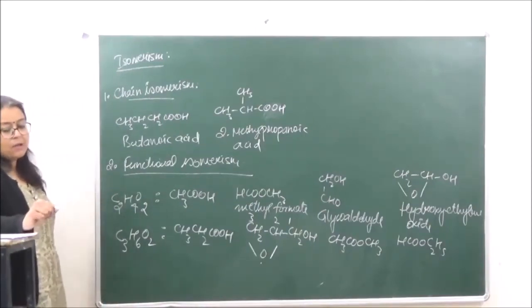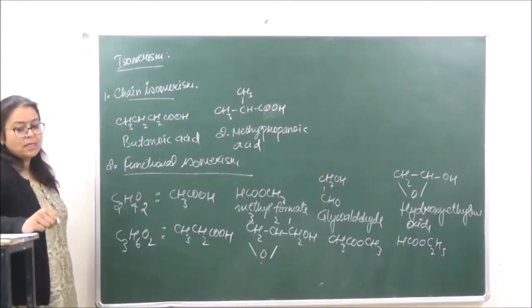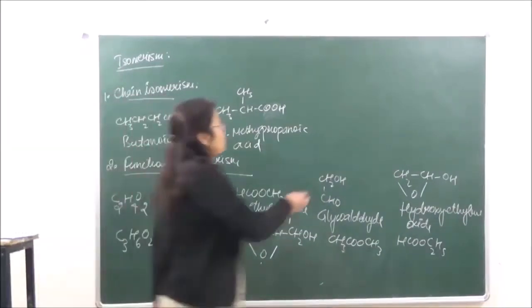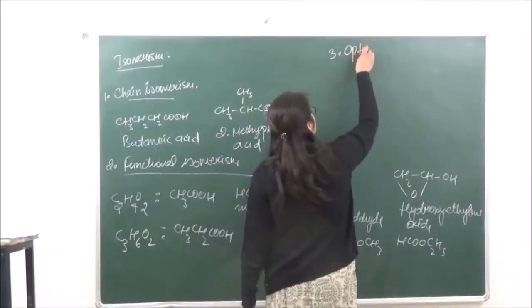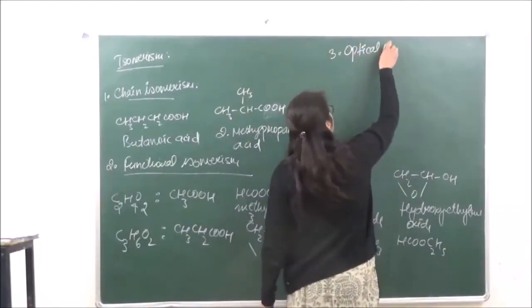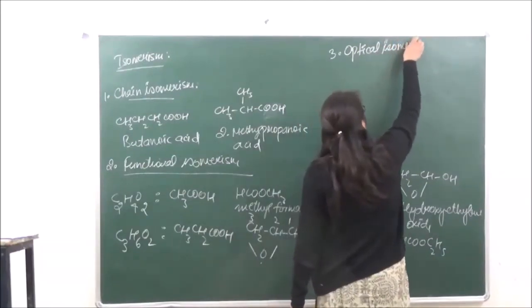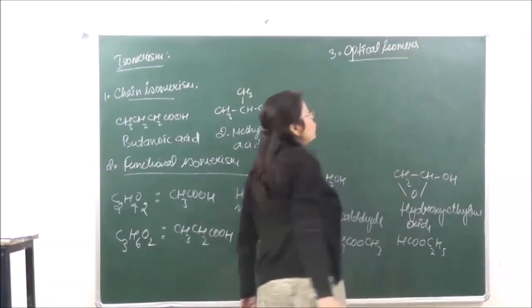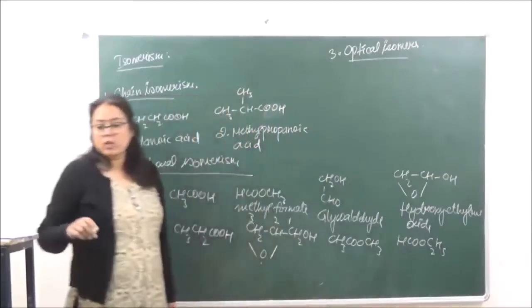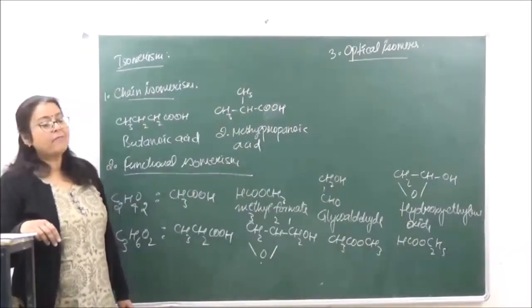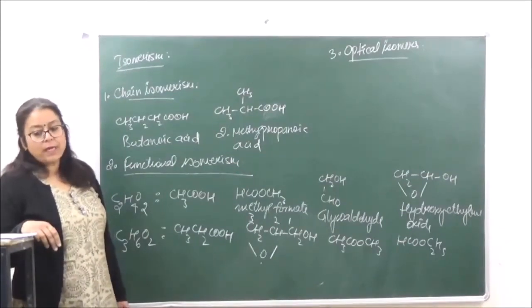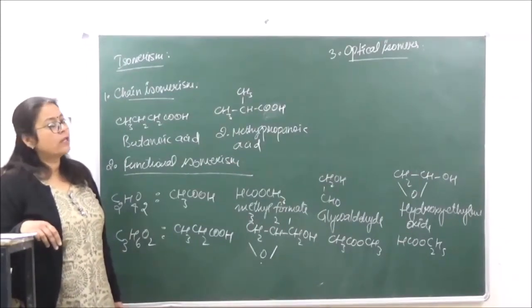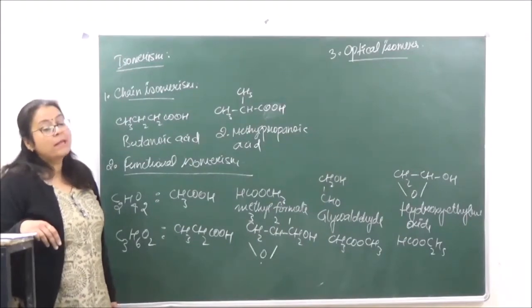Okay? Then we go on to optical isomers. All those carboxylic acids which are going to have at least one chiral carbon atom are going to show optical isomerism.